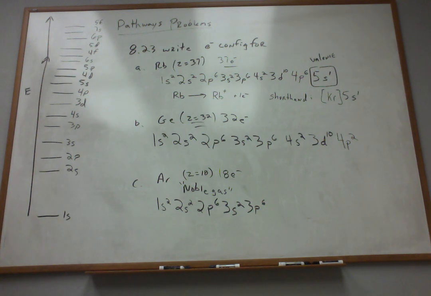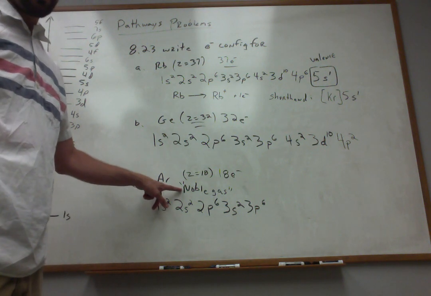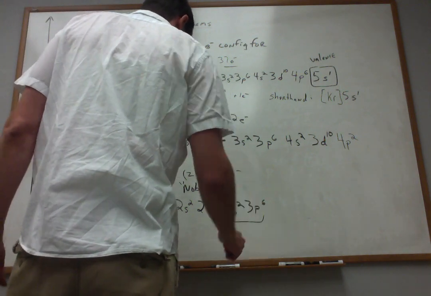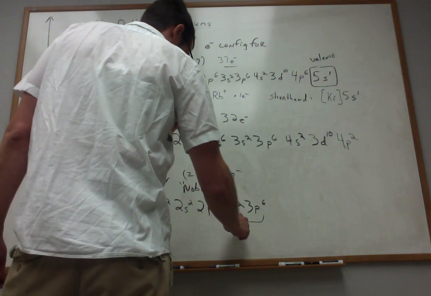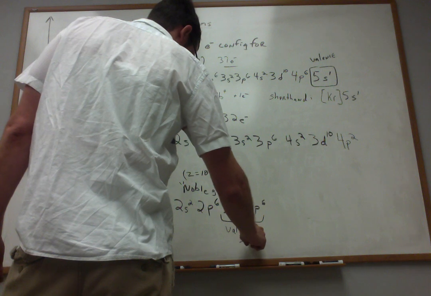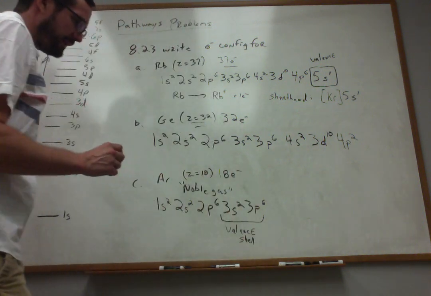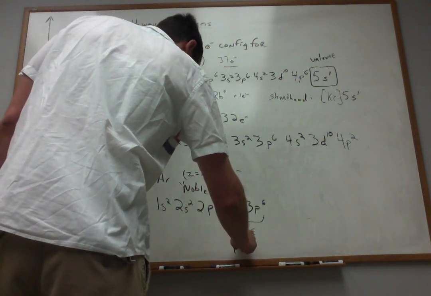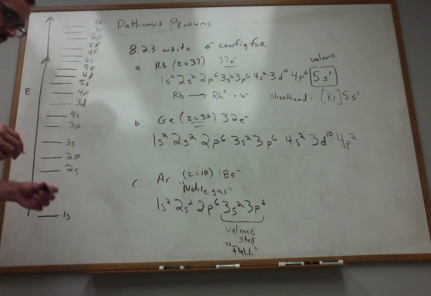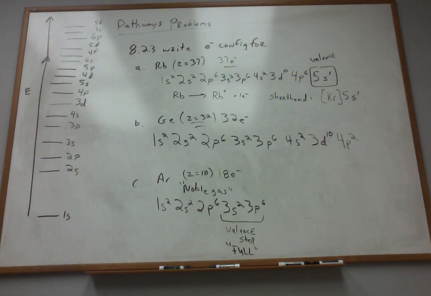The reason that chemists attribute to this fact is that in all the noble gases, your valence shell, which is the highest integer n, right? Here that's 3. The highest primary quantum number. But that valence shell in a noble gas is full. There is no vacancy for electrons in that valence shell for noble gases.